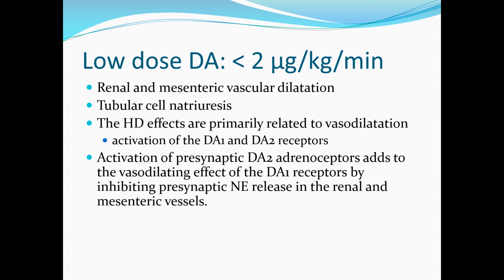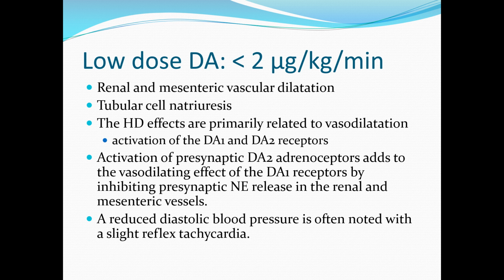Then you get activation of presynaptic dopamine 2 adrenoreceptors, and it adds to the vasodilating effects of the DA1 receptors because they're inhibiting presynaptic norepinephrine release in the renal and mesenteric vessels. A reduced diastolic blood pressure is often noted with a slight reflex tachycardia.